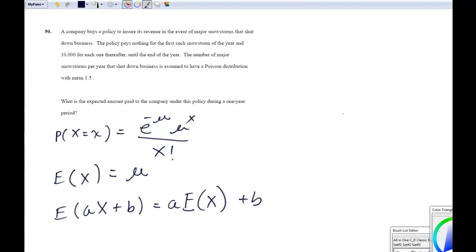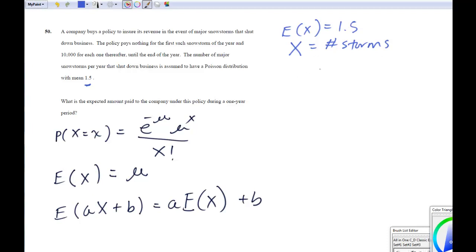So let's gather the information that is given. We have that the mean is 1.5, which means that E of x is 1.5, where x equals the number of major snowstorms per year that shut down business.